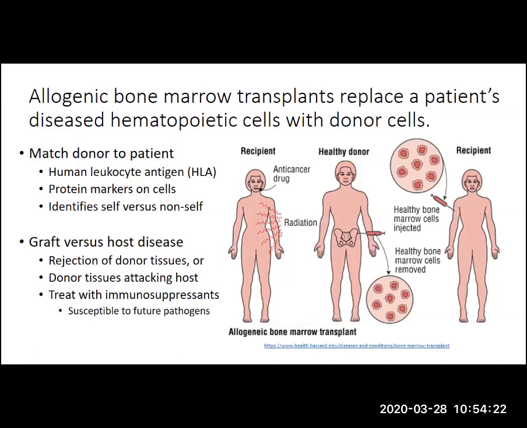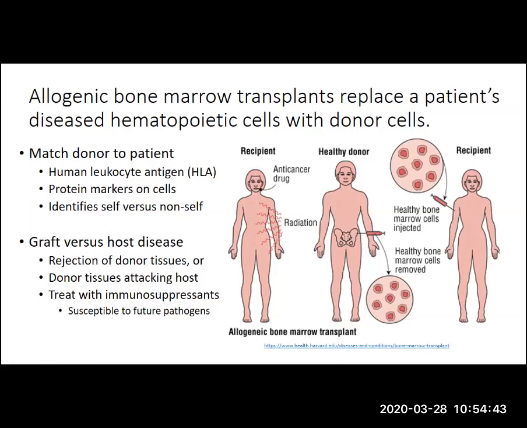But in many cases, what happens is we still need to treat these patients, these recipients, with immunosuppressants, which will turn down the immune system response and minimize the likelihood that these transplanted tissues will cause a death of cells, this graft versus host disease.